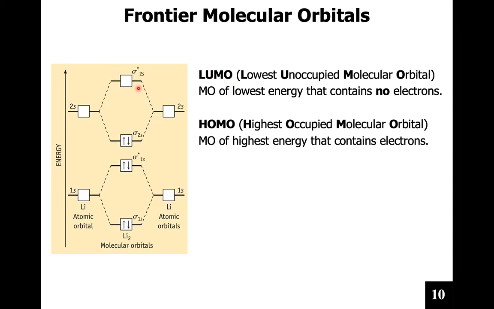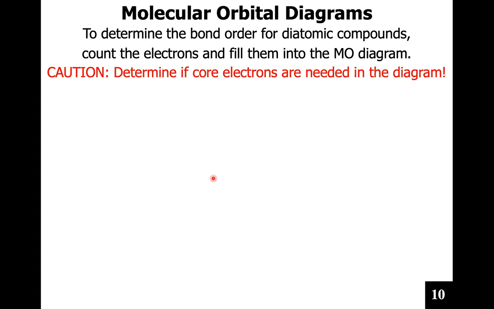In this diagram, this empty box is the lowest unoccupied molecular orbital, and that's always right next door to the highest occupied molecular orbital. So I go up till I hit the highest molecular orbital that has electrons in it, and that is the highest occupied molecular orbital. The one right next door to that is the lowest unoccupied molecular orbital.